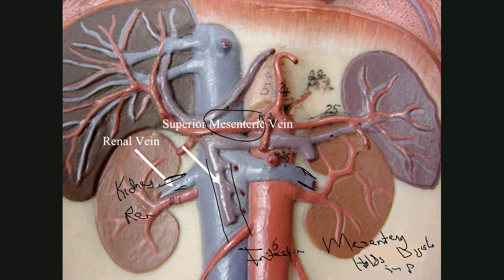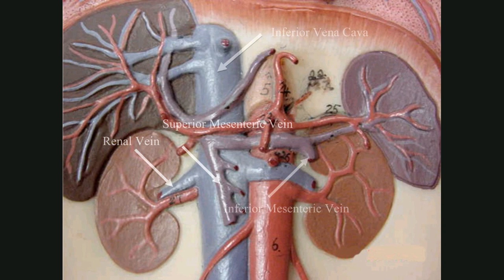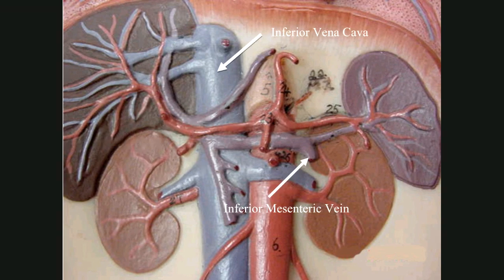So it's not coming exactly from the intestines, it's coming from this mesentery. And that's it right there. It's a superior, but there's also an inferior. All of these drain into this inferior vena cava.